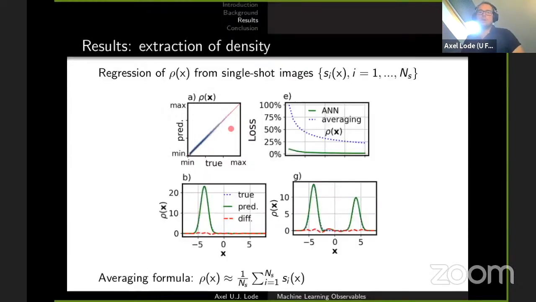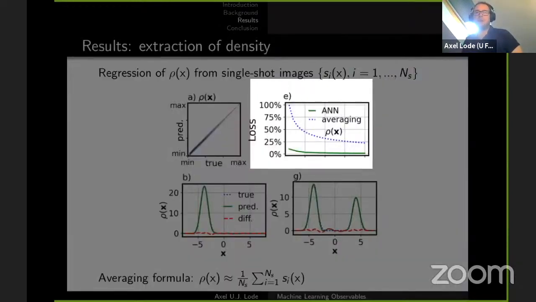Okay, and in comparison between the averaging approach and our machine learning based readout of this observable, the one-body density matrix, we see that we gain roughly an order of magnitude, or sometimes even more, in accuracy when we use machine learning as opposed to the averaging approach.